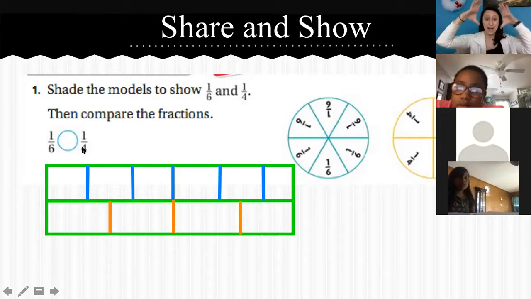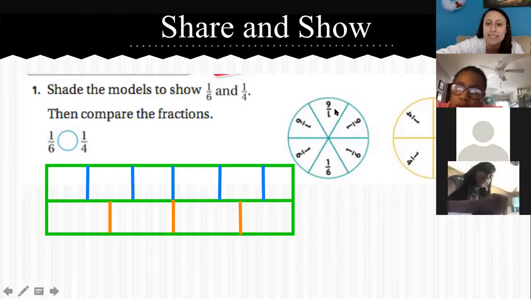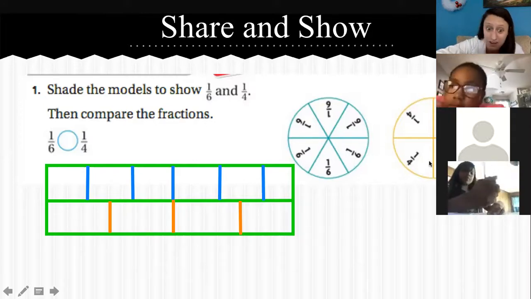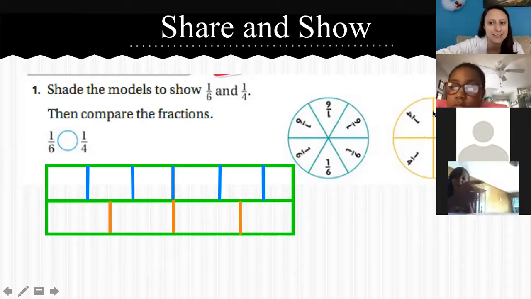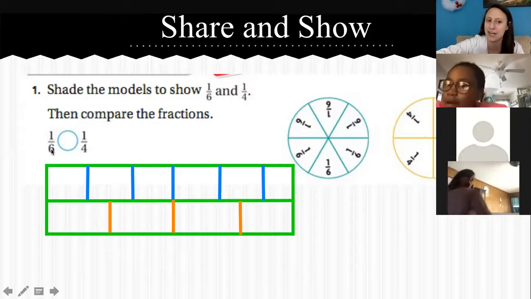But if I had a pizza, so look over here, this pizza has been cut into 6 pieces and this pizza has been cut into 4. The smaller the denominator, the larger the piece. Okay? So if our denominator is bigger, it's actually gonna have the smaller piece, right?